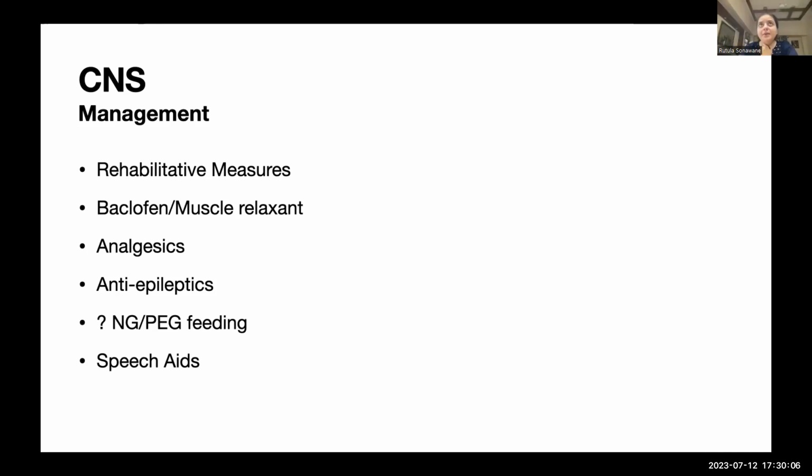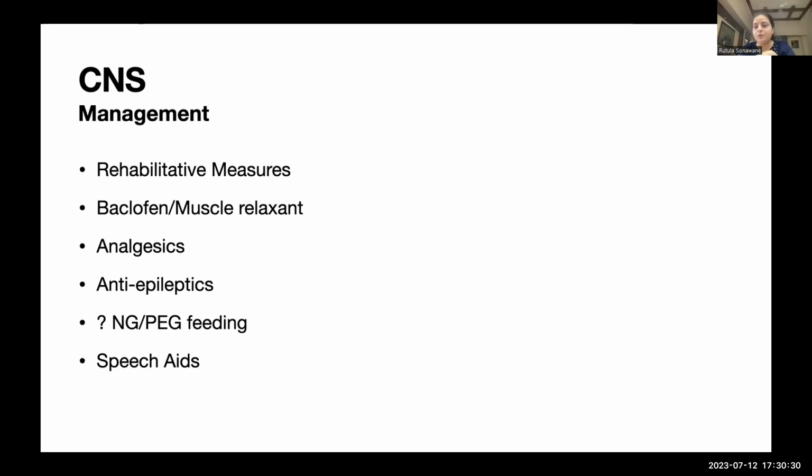So there are mixed reviews on that. Certain people say that an NG tube would reduce the chances of aspiration, but other people say that a PEG tube is preferred over an NG tube, since the NG tube crosses your gastroesophageal sphincter and would keep it open.